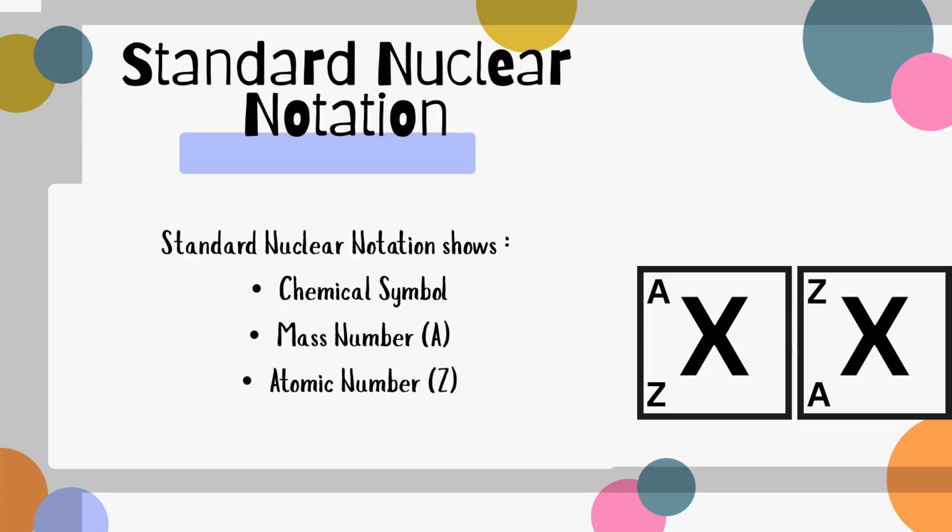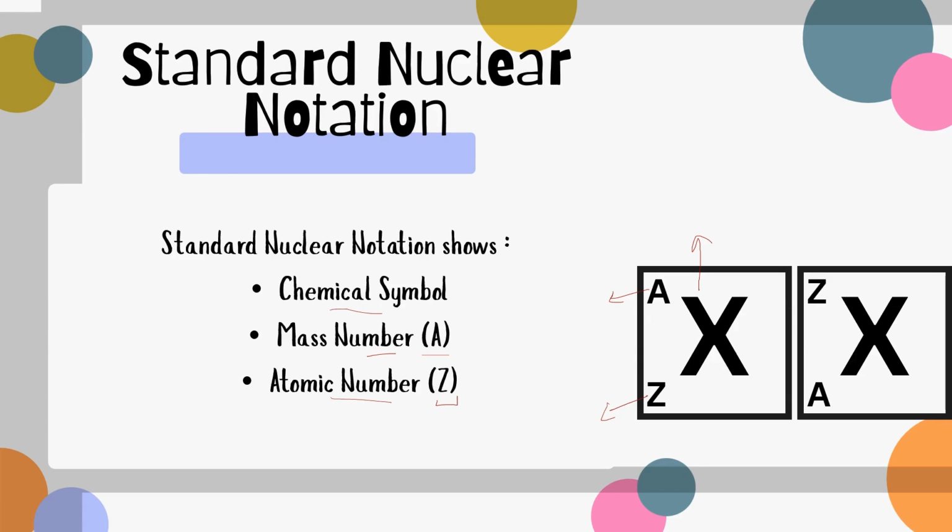Standard nuclear notation. Standard nuclear notation shows the chemical symbol, the mass number which is represented by A, and the atomic number which is represented by Z. This X is the element symbol, A is the mass number, Z is the atomic number.